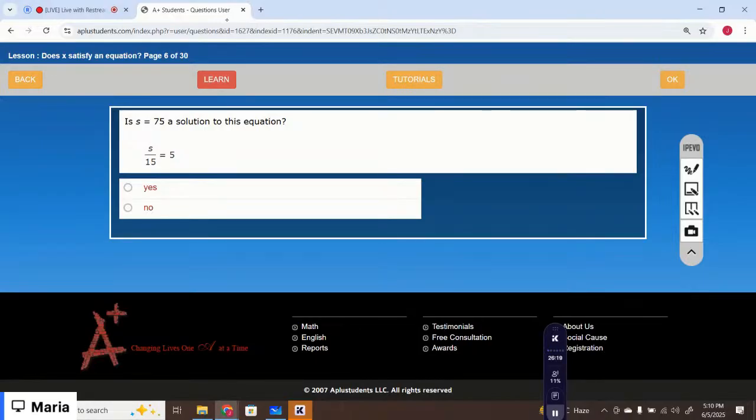Both sides are exactly equal. So yes, s equals 75 is the solution to the equation. Okay, you can complete the lesson by yourself today. Let me just move on to the next lesson.